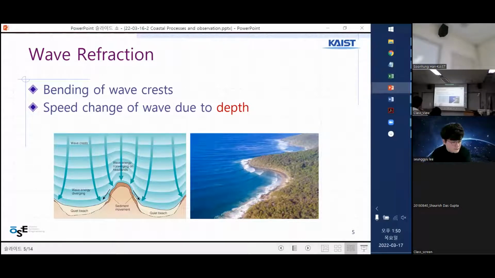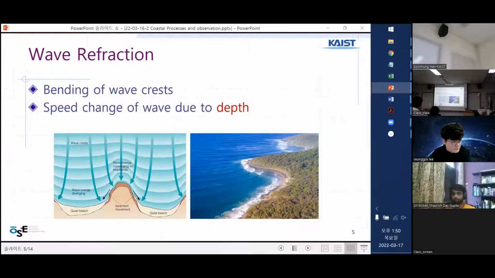Then it gives you sediment movement in other ways. The wave energy converges on a headland, which gives it the name headland, and then there are quiet beaches. The wave is spreading, so you can enjoy yourself here. Beach, sand, shallow and calm.